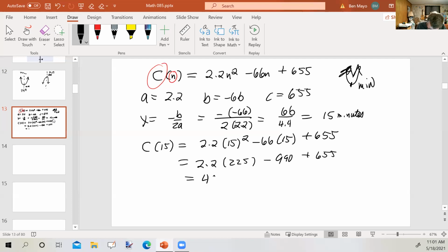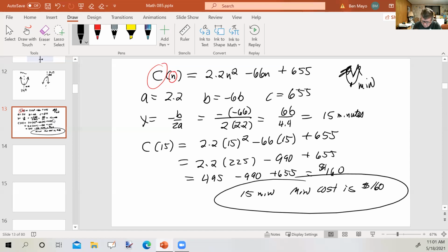So we've got 495 minus 990 plus 655. So 495 minus 990 plus 655, and I'm getting 160. And that's money. So the number of minutes is 15. So 15 minutes, and the minimum cost is $160.